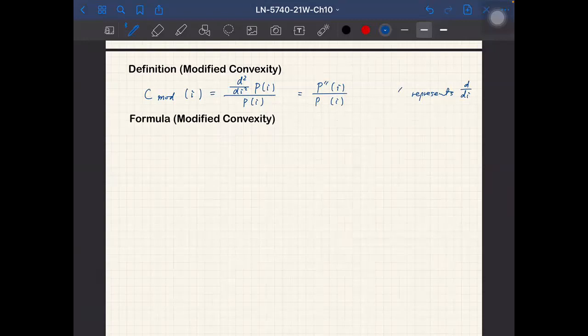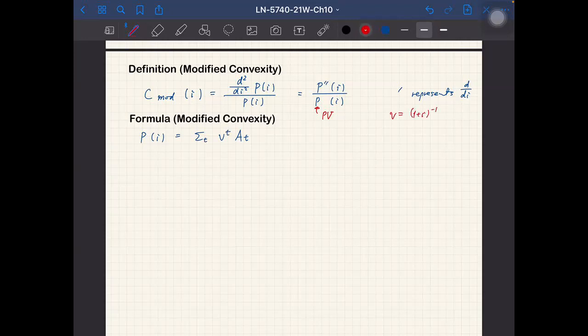We calculate this in this way. At first, remember the present value with the yield rate of i is equal to the summation over t of v to the power t times A_t, where A_t is the cash flow at time t, and v is the inverse of 1 plus i.